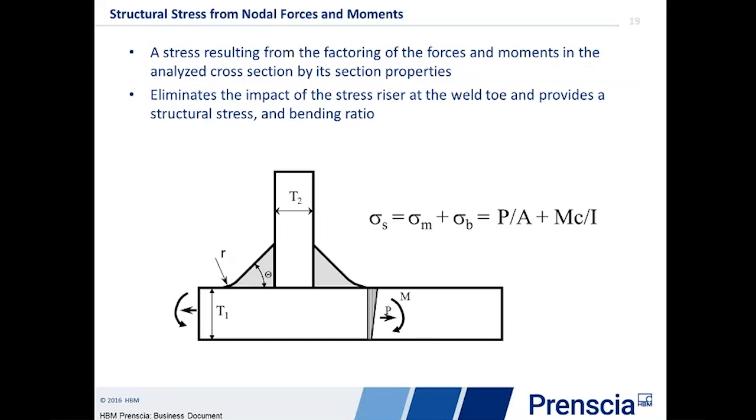One of the benefits of this method is that we can very easily not only describe the stress at the critical location, but also describe what kind of loading caused that stress.